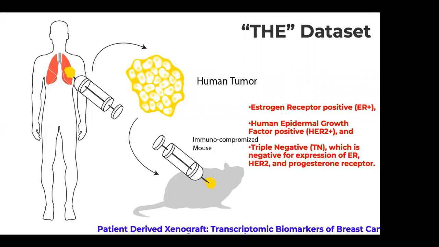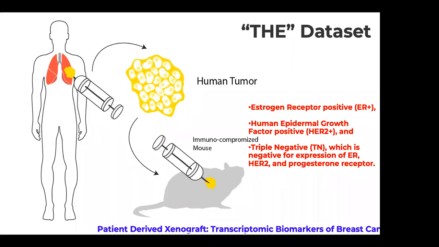As I was telling you, I would explain more about these types of tumors. Three different types of breast cancer tumors were implanted in the mice here: ER positive, which is estrogen receptor positive, HER2 positive, which is human epidermal growth factor receptor 2 positive, and triple negative.